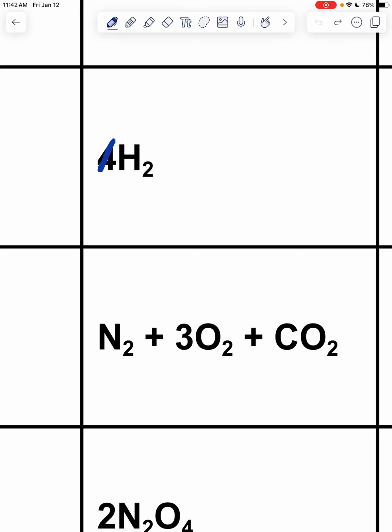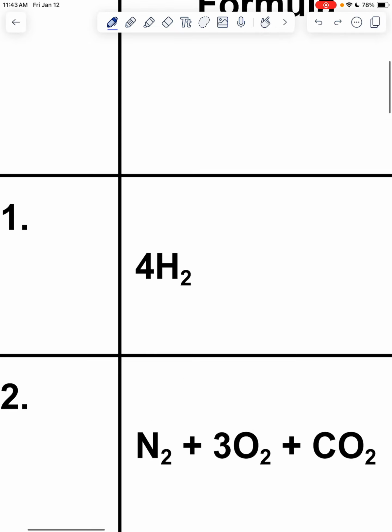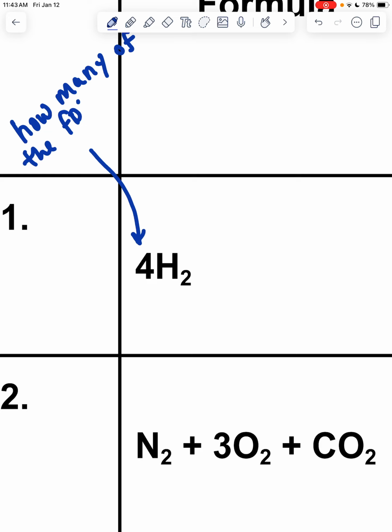That front one, and I would definitely write this somewhere, is how many of the following combination there are. All right, so that's what those big numbers in front mean.